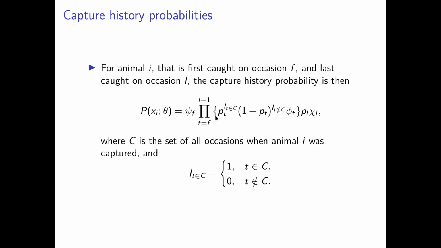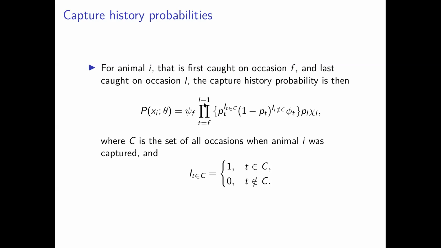And then this expression is the product of all of the capture probabilities or non-capture probabilities between the first and the last captures of the animal. There's a minus 1 here because we also have to express that the animal is surviving during that whole period. So the animal survives from time F when it's first captured all the way to time L when it's last captured.